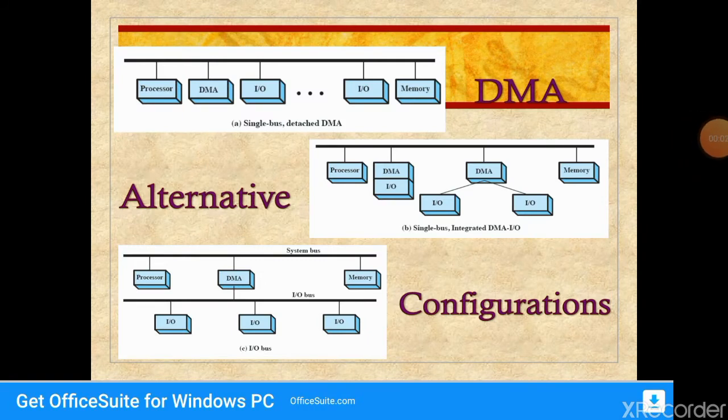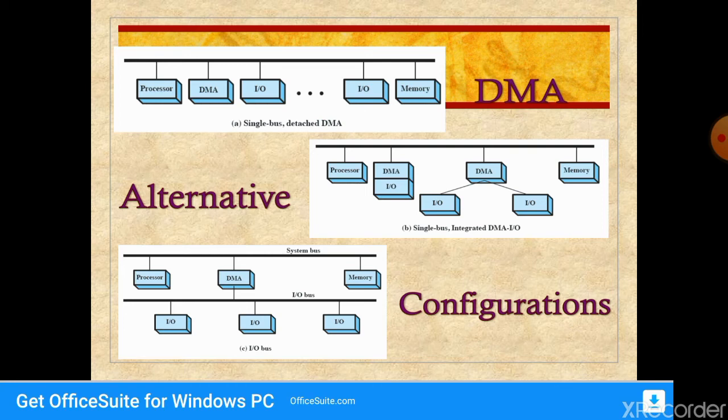These are the three types of configurations of DMA. In figure A, a common bus is used for data transfer between all the devices in a computer. So, when an input-output device raises an input-output command request for data transfer, the processor has to do the address calculation so that the common bus is utilized by all the devices in the system.